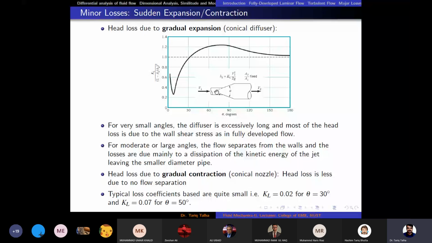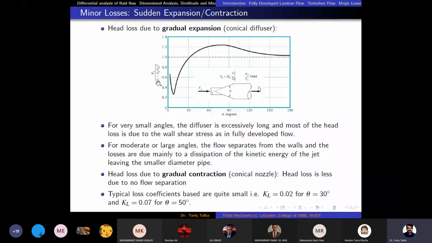You can see that here they have shown KL upon (1 minus A2 upon A1) whole square. For a very small angle, the diffuser is excessively long. This theta is the angle of the diffuser, so if theta is very small, the diffuser length would be very large. They have shown the ratio of KL upon (1 minus A1 upon A2) square.